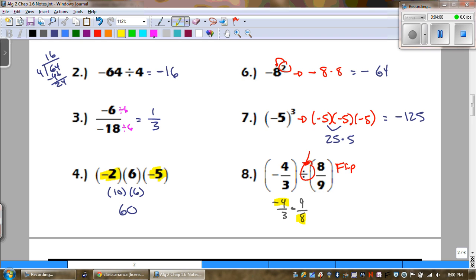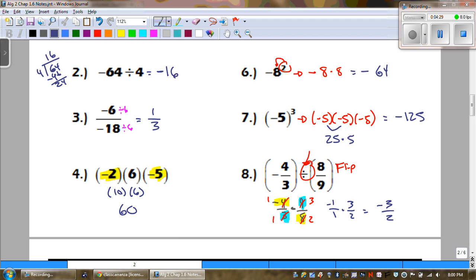And now we look at our kitty corners to see if there's anything that we can reduce. 4 and 8 changes to 1 and 2. 3 and 9 changes to 1 and 3. And so when you multiply those straight across, 1/1 times 3/2, and that's a negative, we get -3/2.